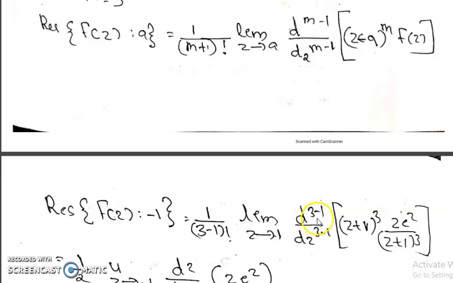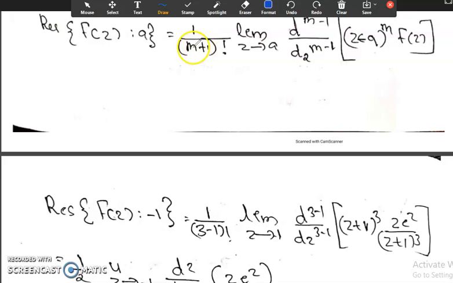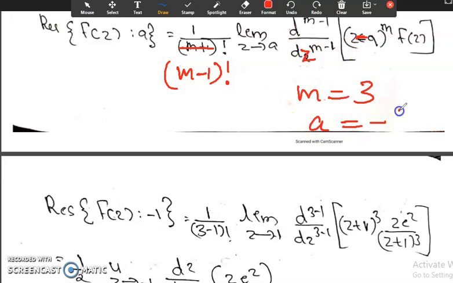Let me write that formula again. This is m minus 1 factorial, and this is (z minus a) power m, this is dz. So now m is equal to 3 and a is equal to -1.